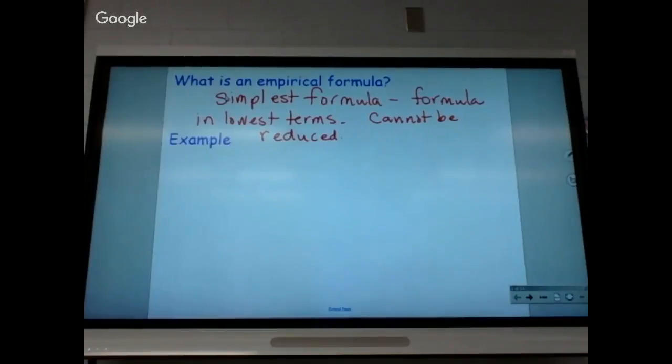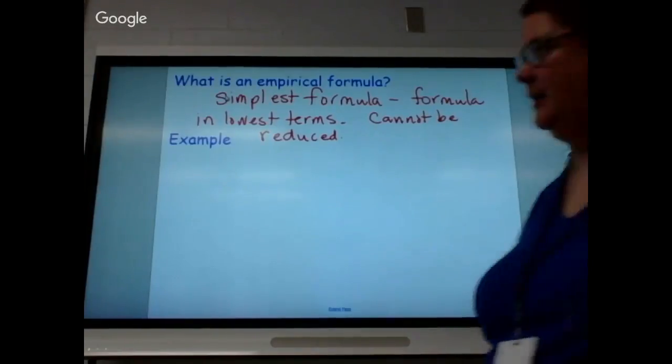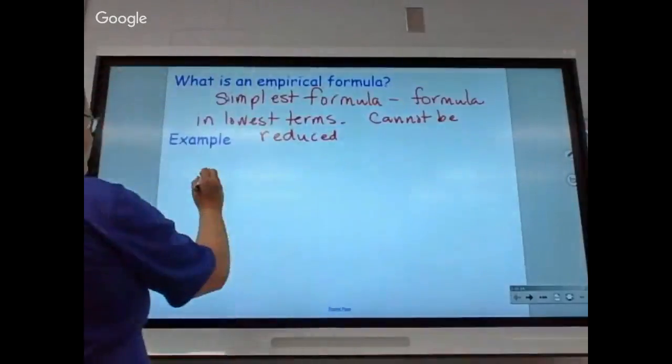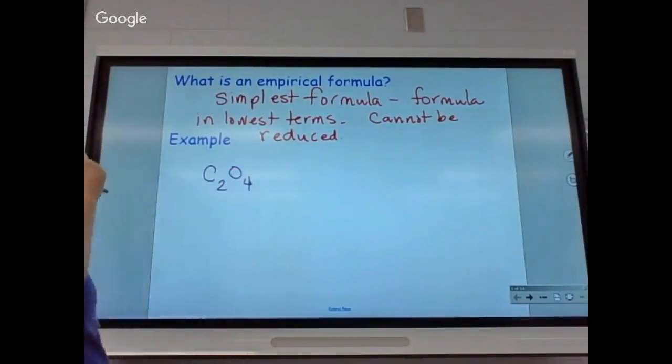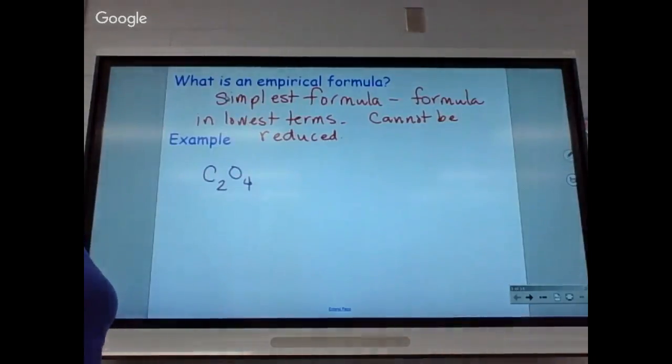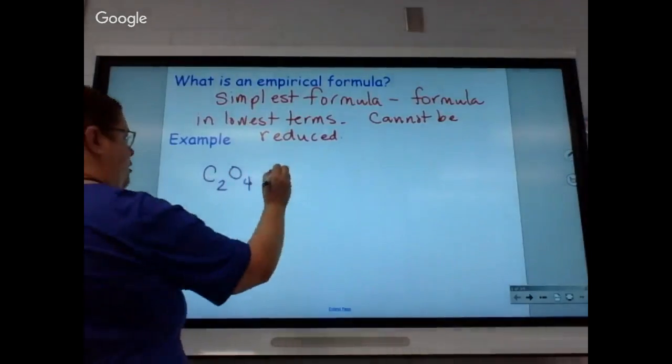As a way to illustrate this, think about something we would have worked on last week or something similar to what you saw in the test. If you had something like C2O4, what would you have done to C2O4 if you had that on the test? That's right. You'd have made it CO2.